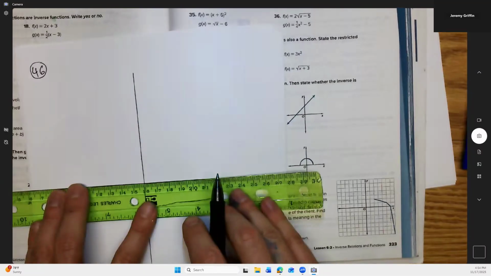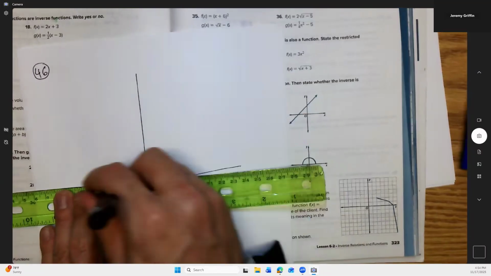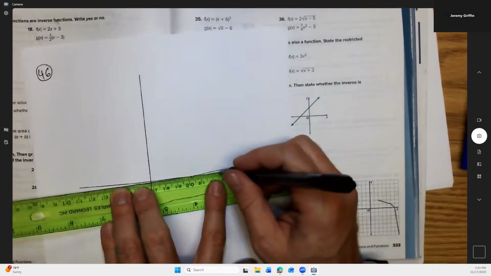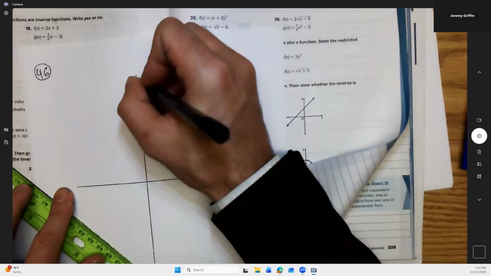Okay. So first I will copy down exactly what's shown. Here's x, here's y.